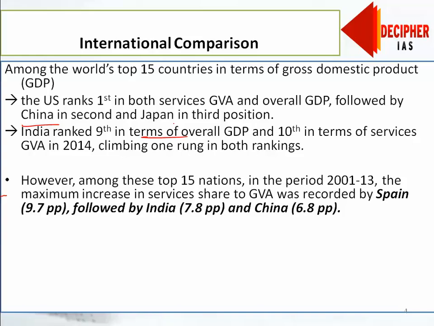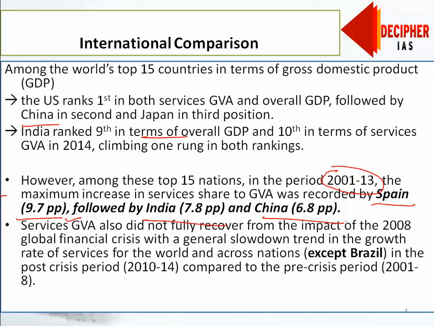However, in these 15 nations, the maximum increase in the services share to GVA was recorded by Spain. Now, you should note in the 13 years from 2001 to 13, Spain services have risen very fast, and second number is India's services and third number is China's services.